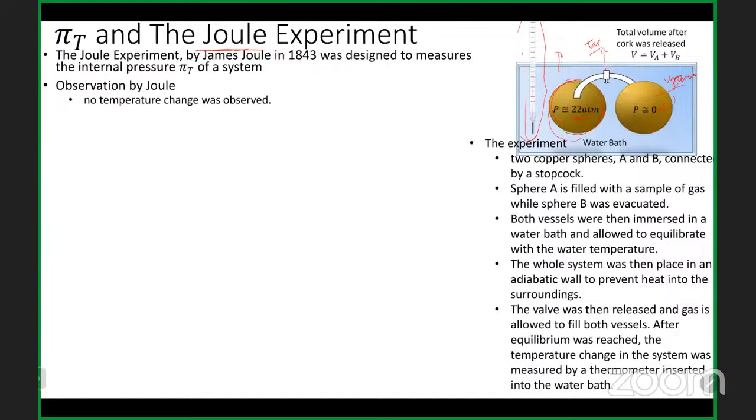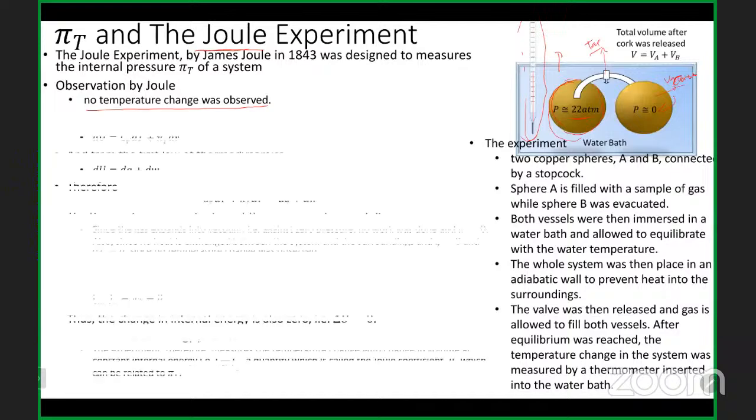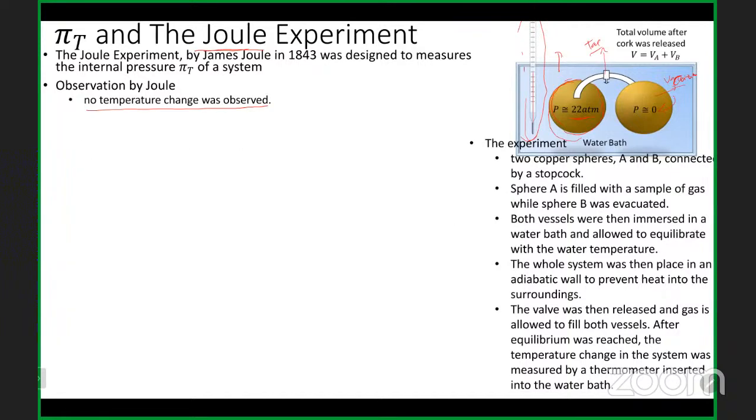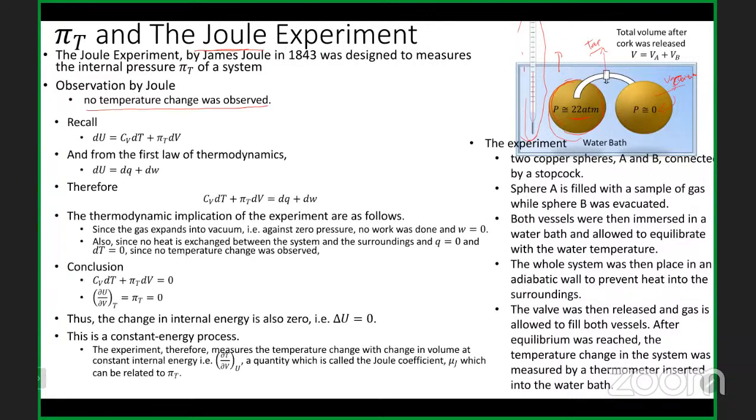So the aim: when a gas expands, is there a temperature change? Unfortunately, he observed no temperature change, and he concluded that when a gas expands into vacuum, it doesn't have a temperature change. Because of that, π_T is 0. How did he arrive at that conclusion?